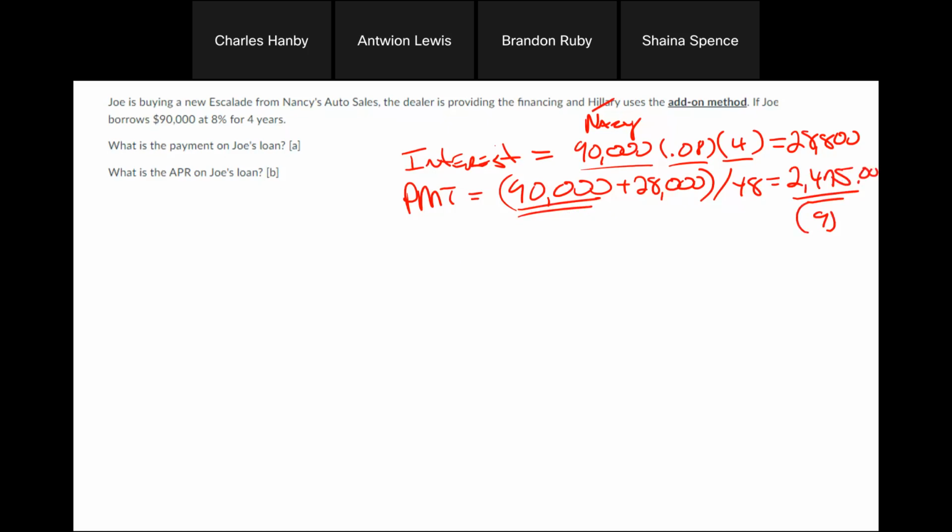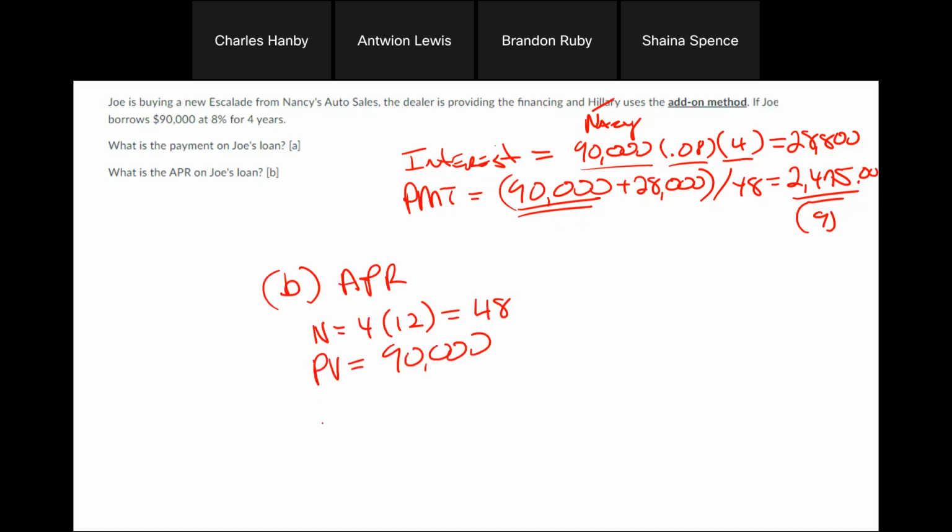That is A. The APR. Again, 4 years monthly, 4 times 12, 48. PV is the loan amount. Payment is the negative $2,475.